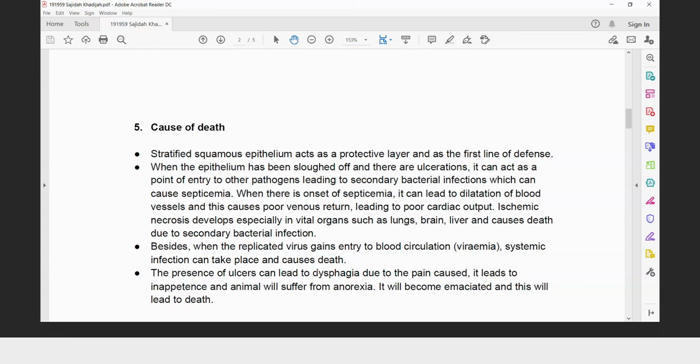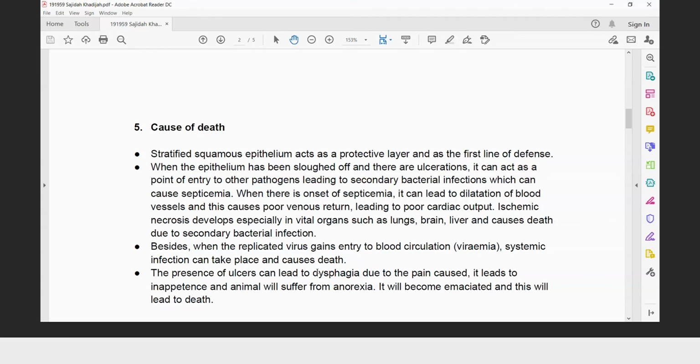It is due to ischemic necrosis of the central nervous system. Then why the ischemic necrosis? Because of poor oxygenated blood flow into the central nervous system. Why? Because of pulmonary edema. Why the pulmonary edema? Because of hypoproteinemia. Why the hypoproteinemia?